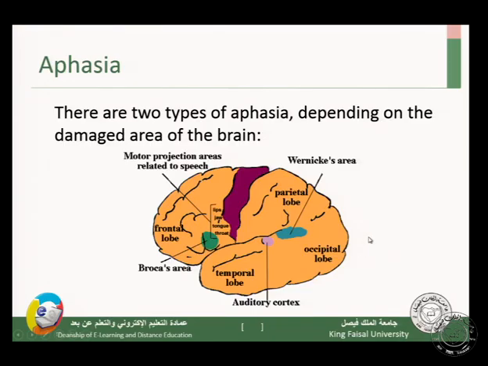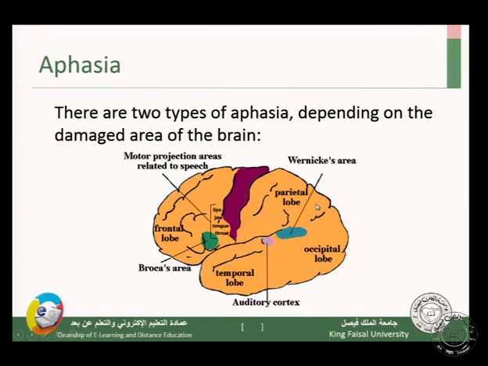Each hemisphere of the brain is composed of areas. For example, the frontal lobe, the temporal lobe, the occipital lobe, and the parietal lobe. These are parts of the left hemisphere of the brain.